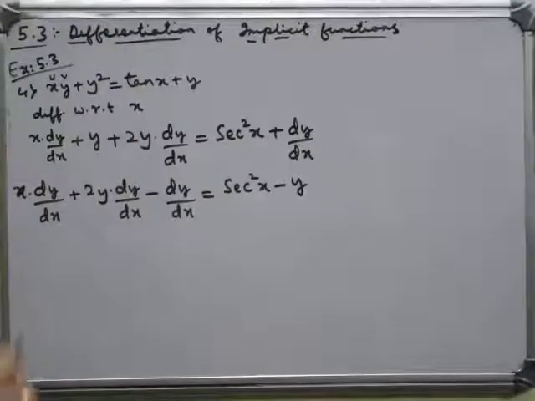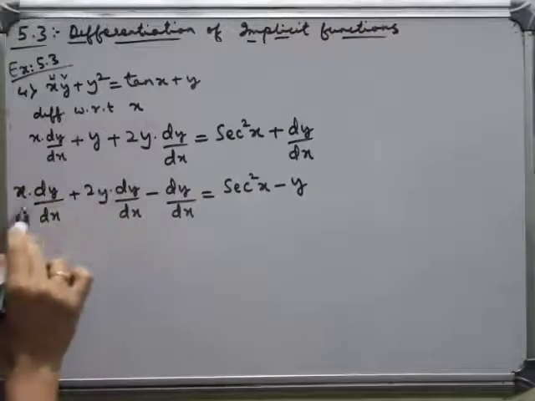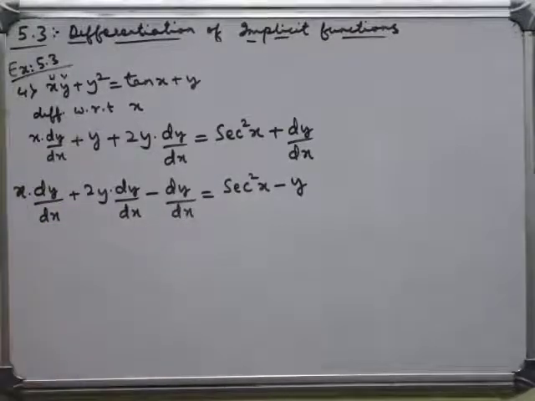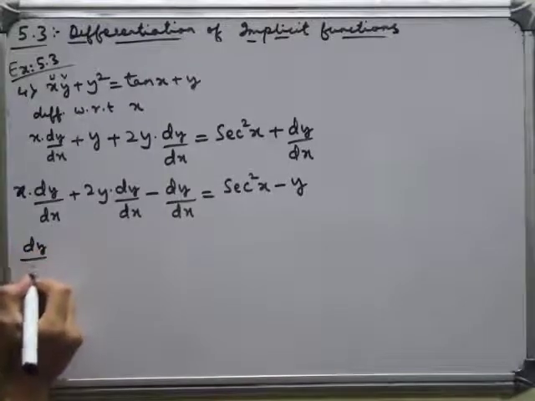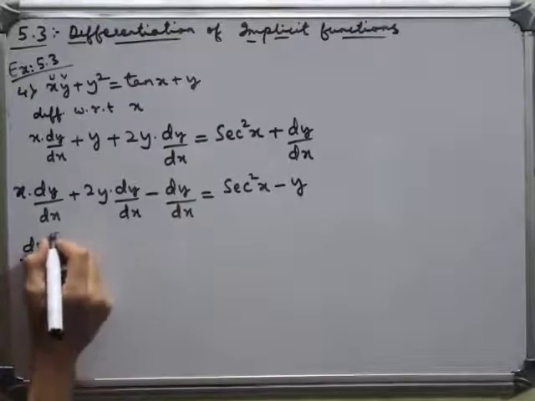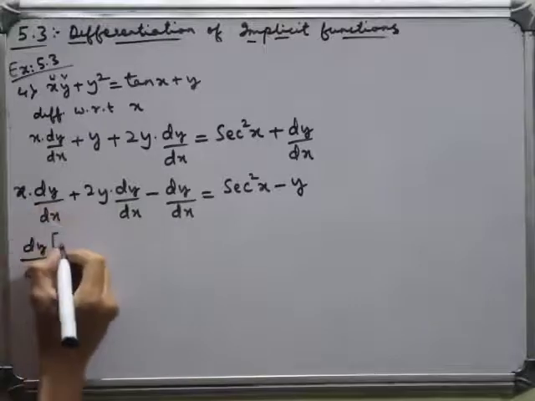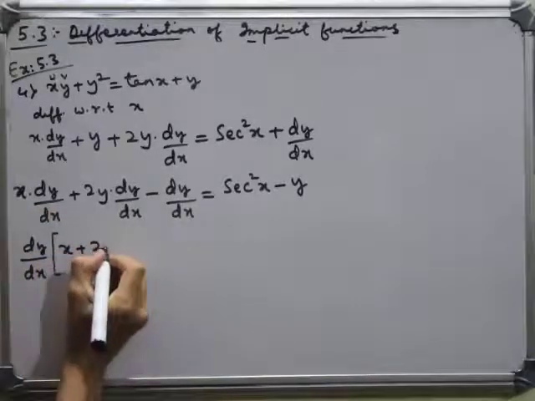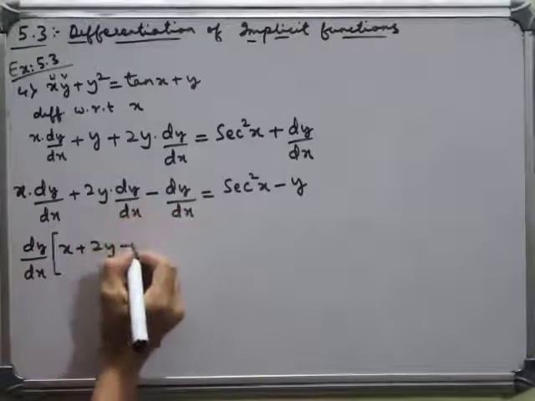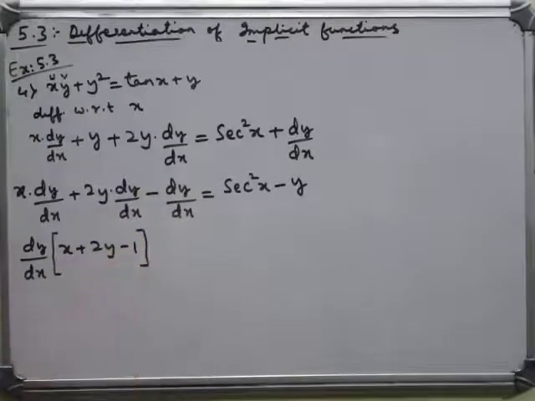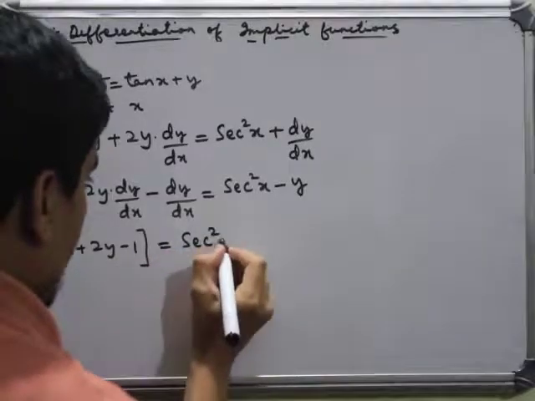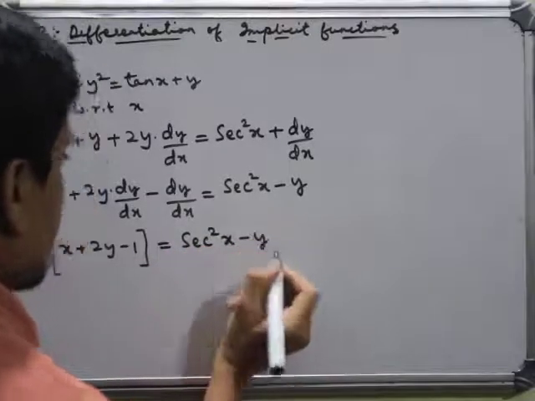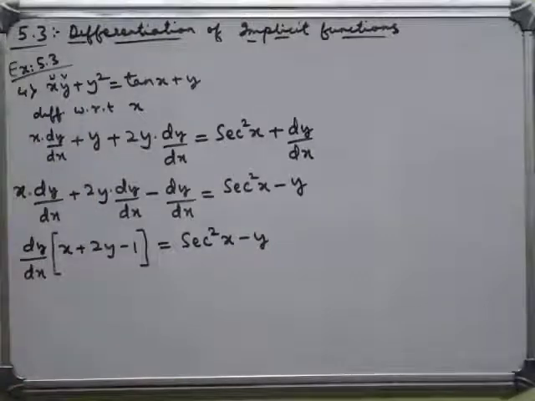So next step, we have dy by dx common in these three terms, so take out dy by dx as common term. Here it is dy by dx into what is left out, x plus 2y minus 1, this is equal to secant square x minus y.